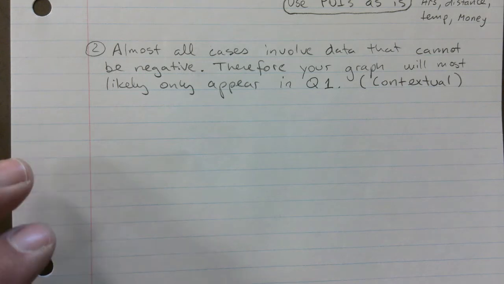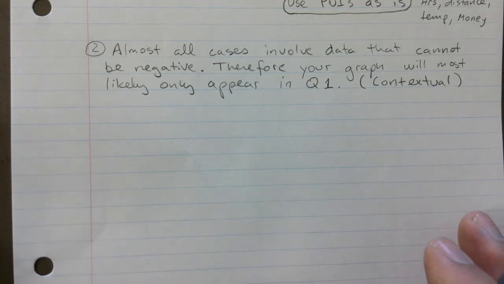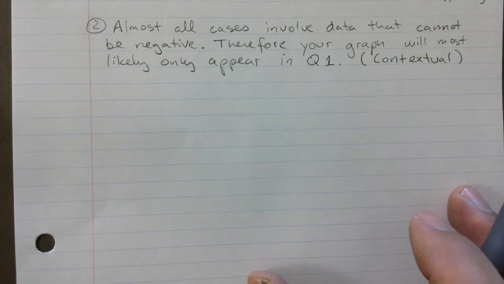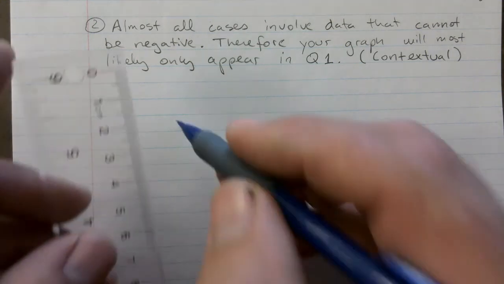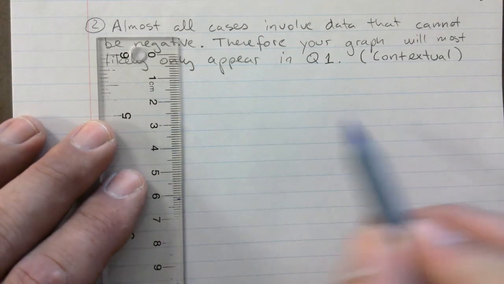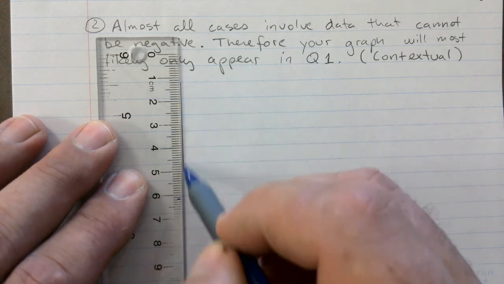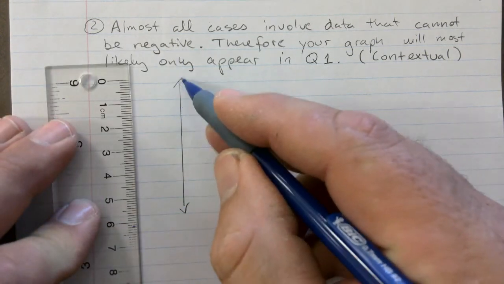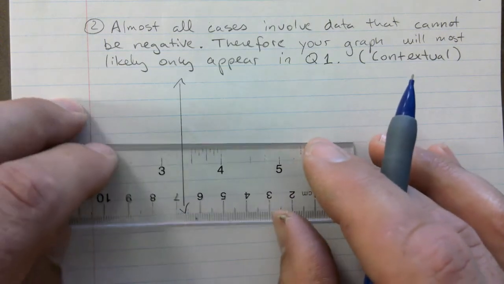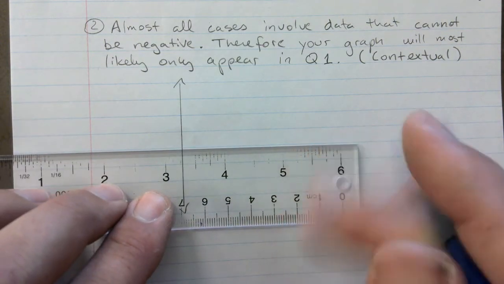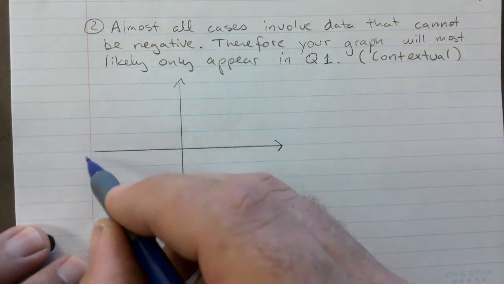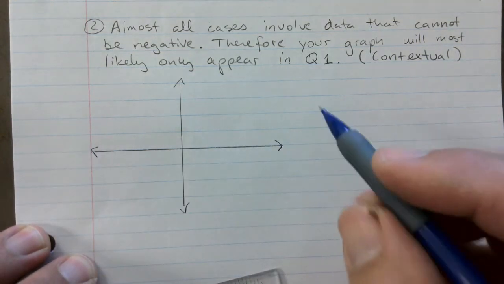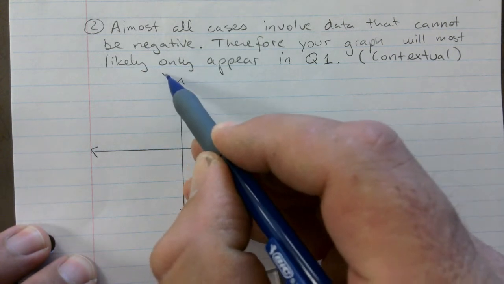And so I'll give you a graph here. If you have a ruler, it'll probably work. So we're going to do two graphs side by side to give you a good visual here. You have your x and your y axis.